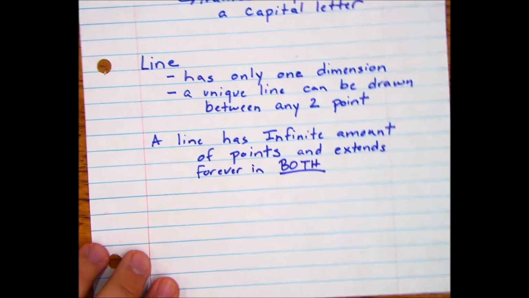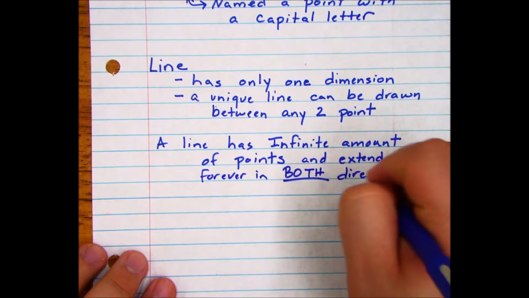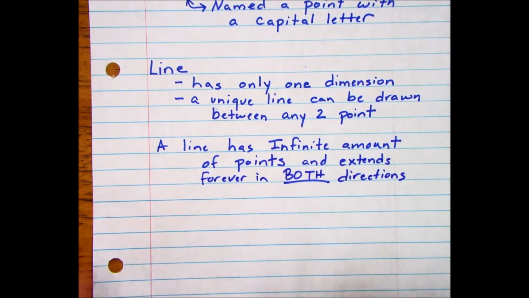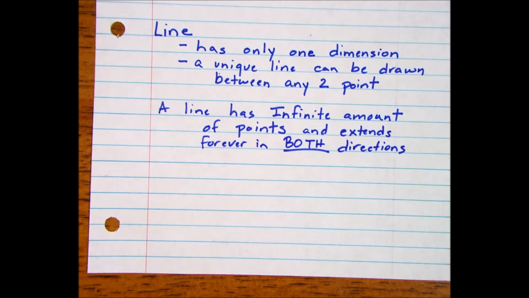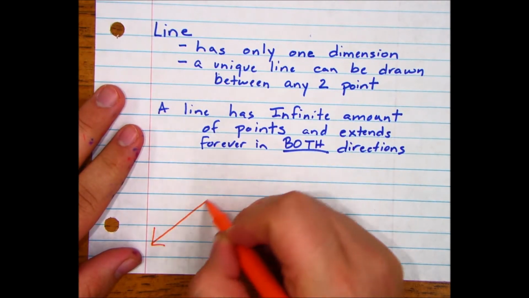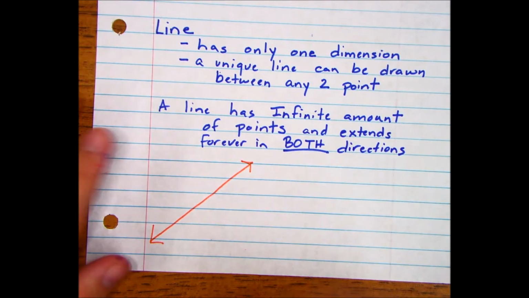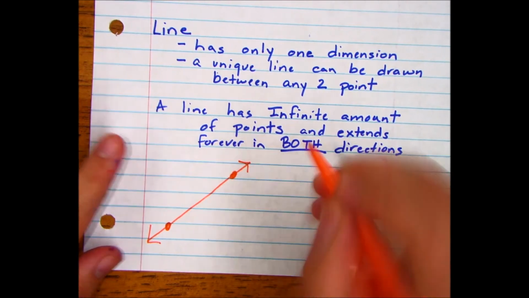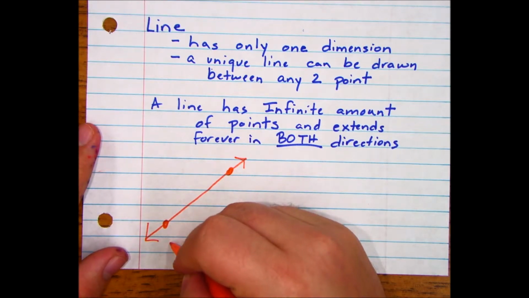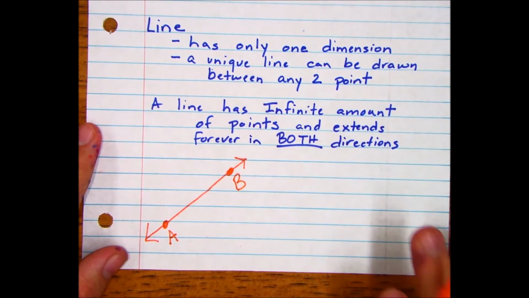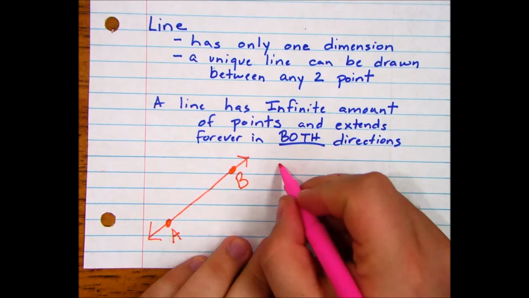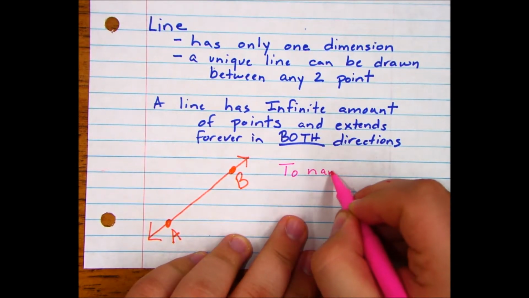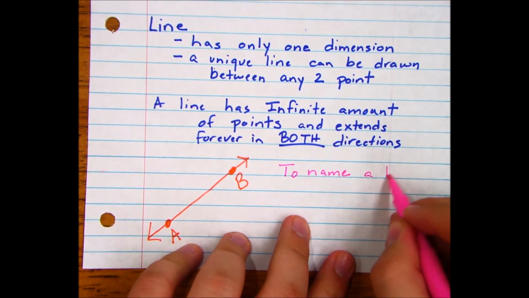Now, any given line will do. Remember, a line can be drawn between any 2 points. We can call this A and call this B. Remember, points are named with capital letters. Now, to name a line, we can call it AB using the 2 points that are given.